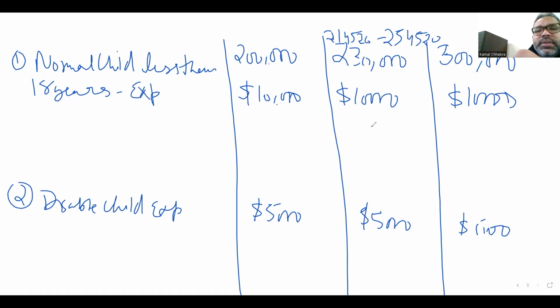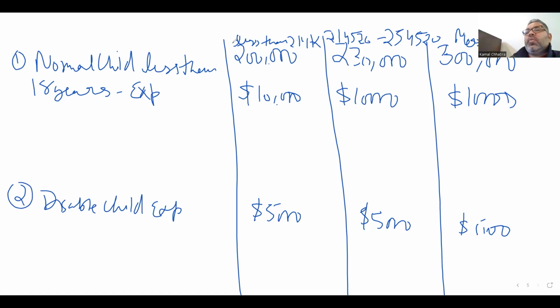So this is less than 214K, and this is more than $254K, just a short form.